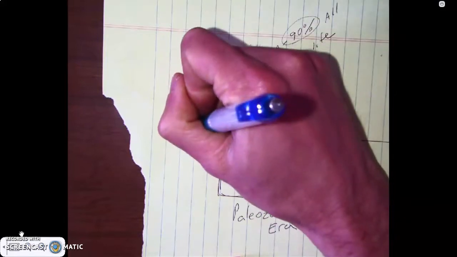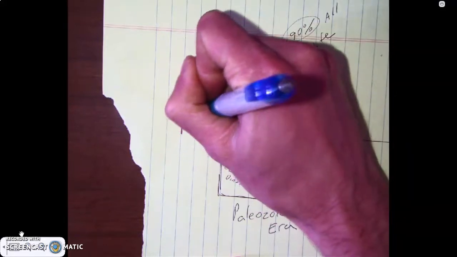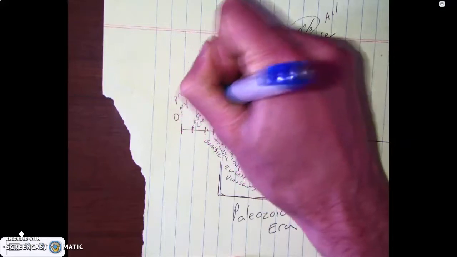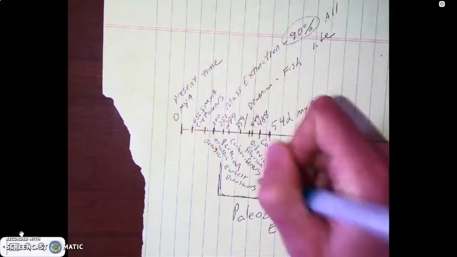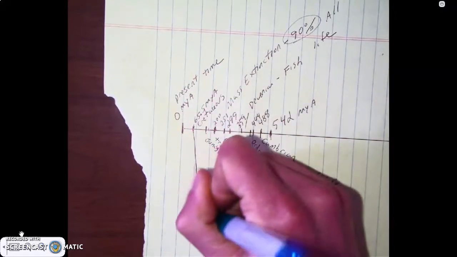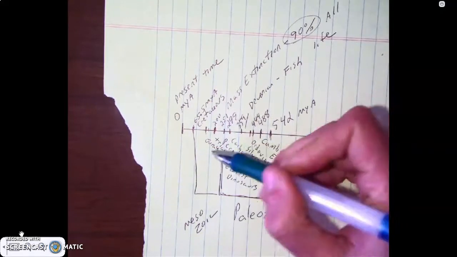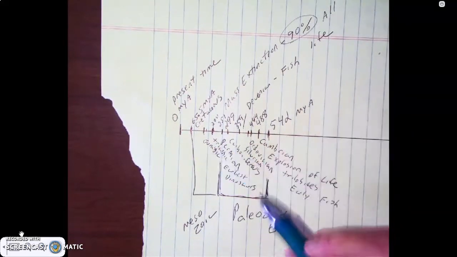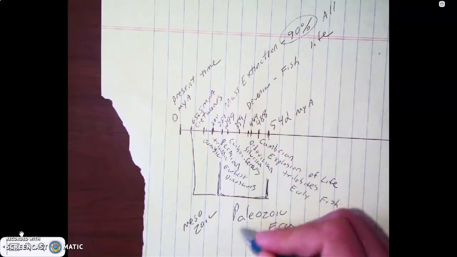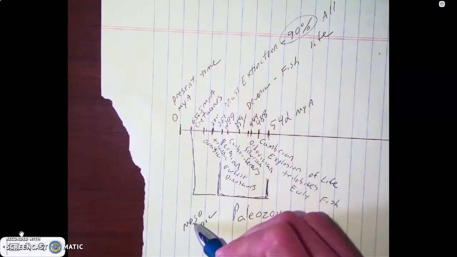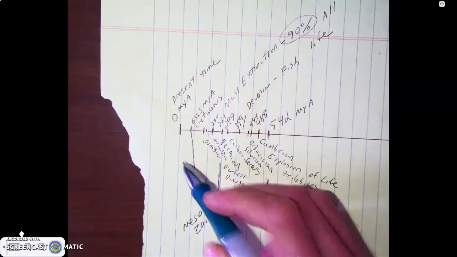The Cretaceous ends 65.5 million years ago. And this represents the Mesozoic. Meso means middle. So now we're talking about middle because we have Paleo being old, Meso middle, and then we have our recent time, which would be the Cenozoic.